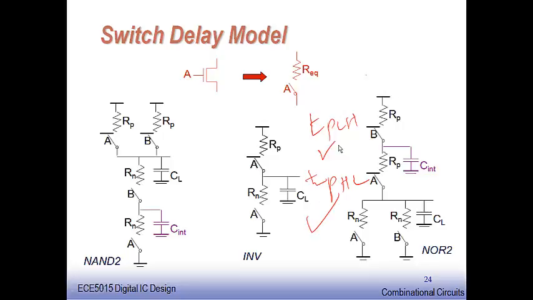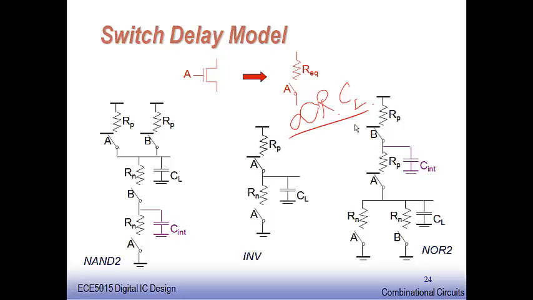All these propagation delay characteristics, as I told you, ultimately depend on the resistance of the device and the load capacitance. And the resistance of the device means how many devices I have in the pull-up network and what configuration of transistors you have, and how many in the pull-down and what configuration. All these determine the value of R.